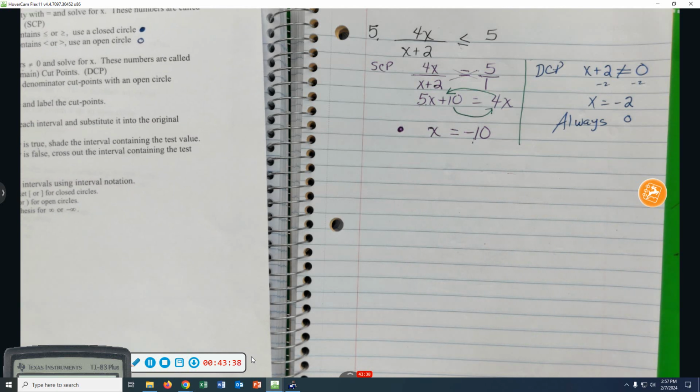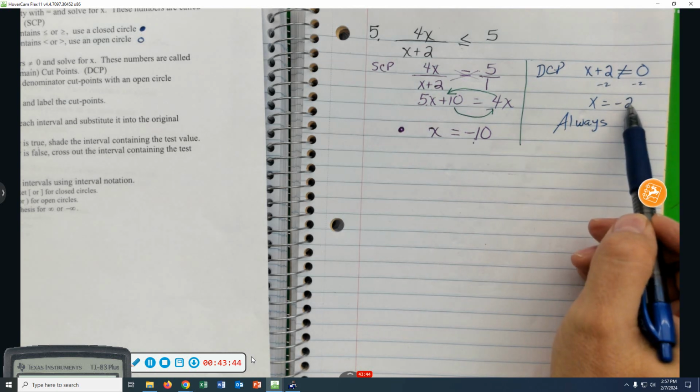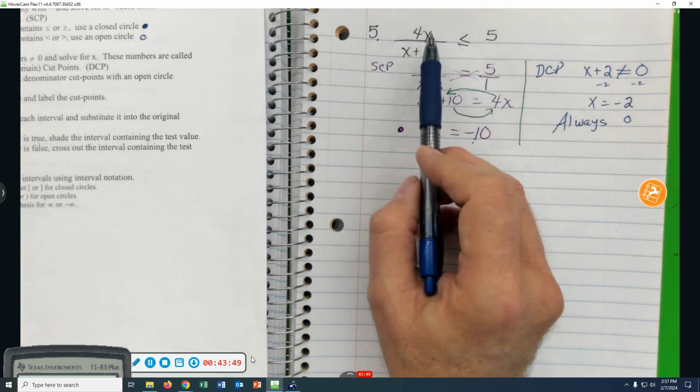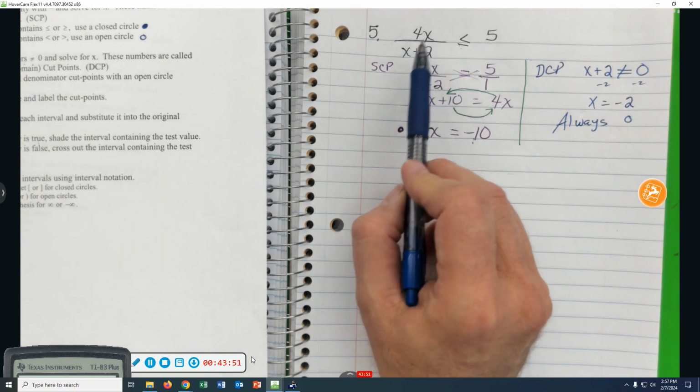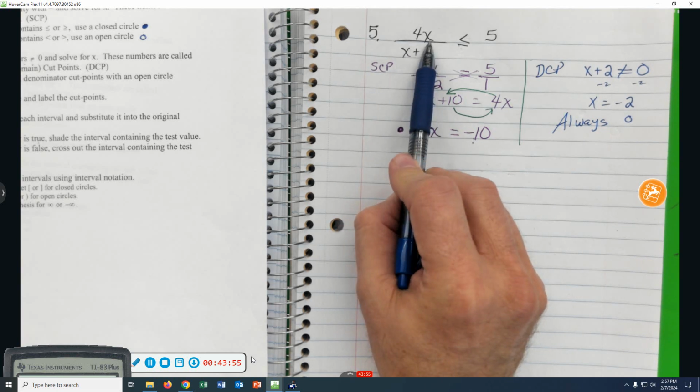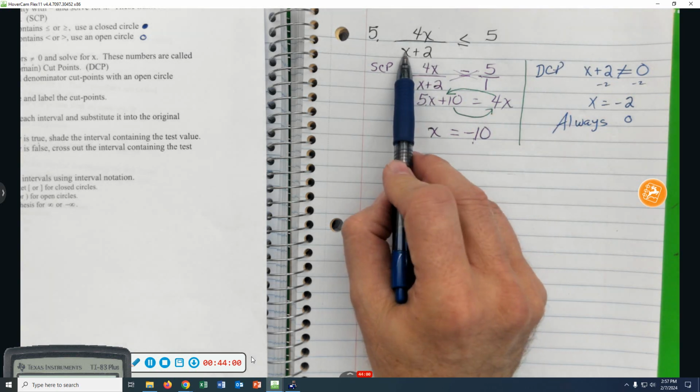Why? Well, open circles mean not including. So we're not including negative 2 as an answer. If we put negative 2 in here and here, 4 times negative 2 is negative 8. Okay, but what about the bottom?